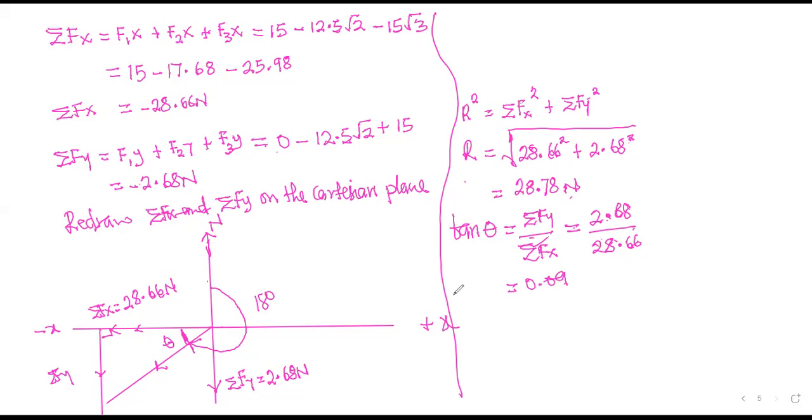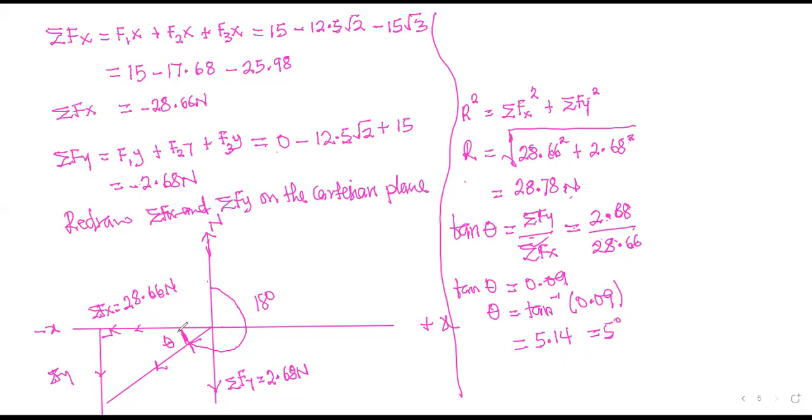Take the tan inverse of this. So tan inverse of 0.09 is 5.14. Approximately 5 degrees. Okay.